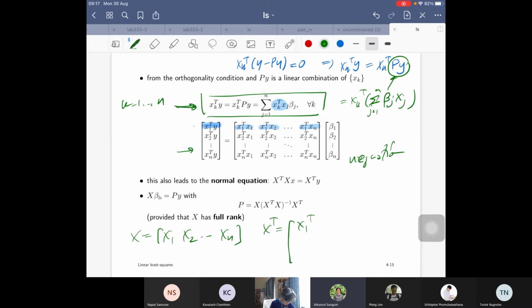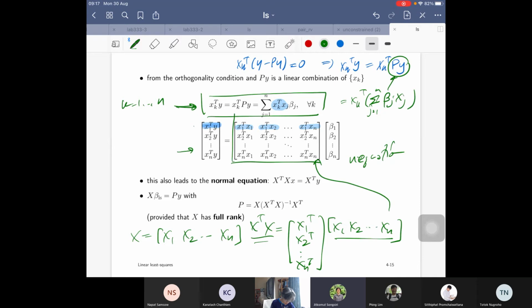It is x1 transpose, x2 transpose, up to xn transpose, stacked as rows. If you multiply with x, x transpose x is actually the matrix given here. And of course, x transpose y, which is x1 transpose, x2 transpose, up to xn transpose times y, is actually the vector on the left-hand side.